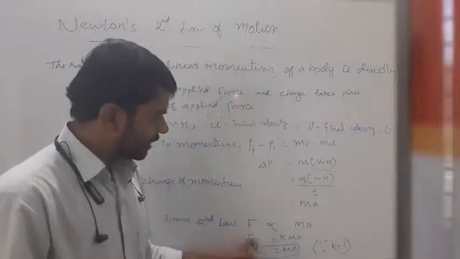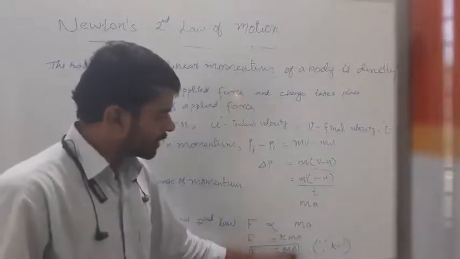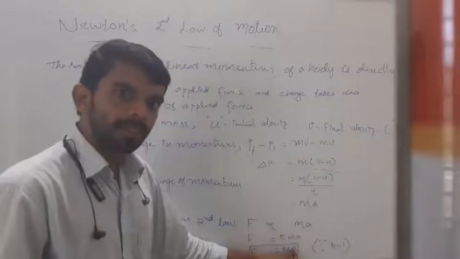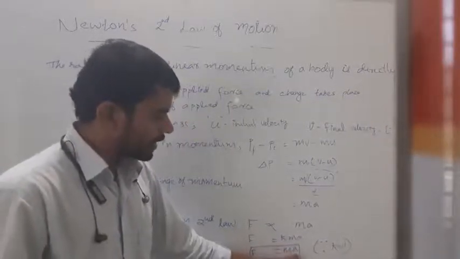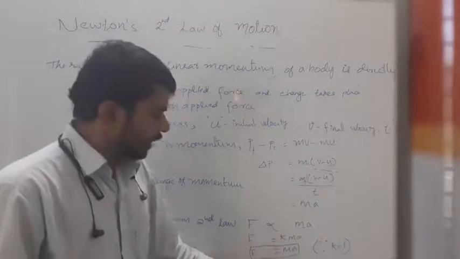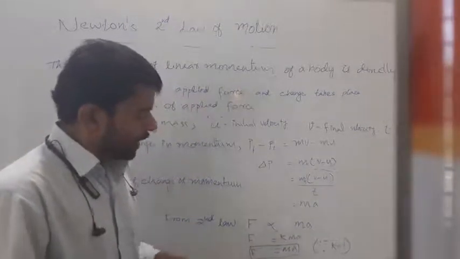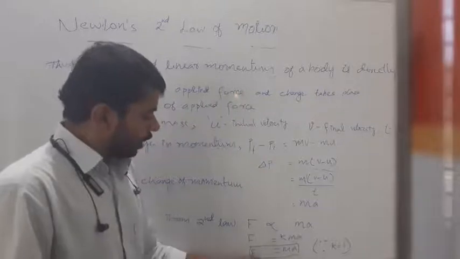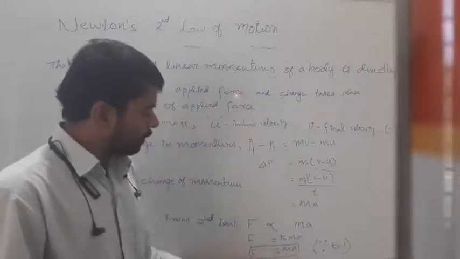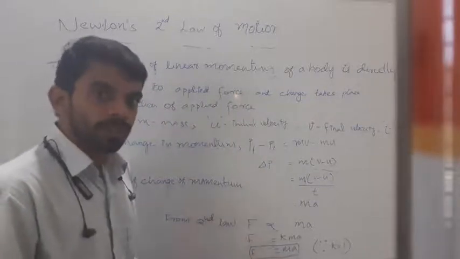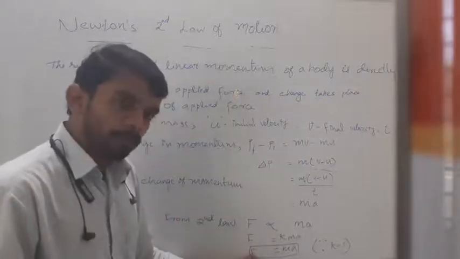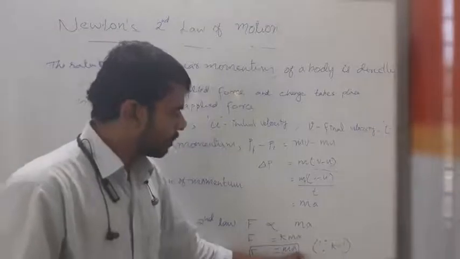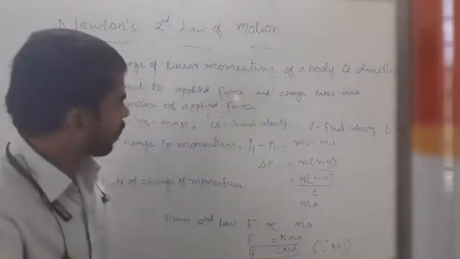If force is doubled for a given mass, then acceleration will be doubled. If force is halved for a given body, then acceleration will also be halved. In order to accelerate a body to double, we have to give twice the force. So many relations can be obtained from the equation F is equal to ma.